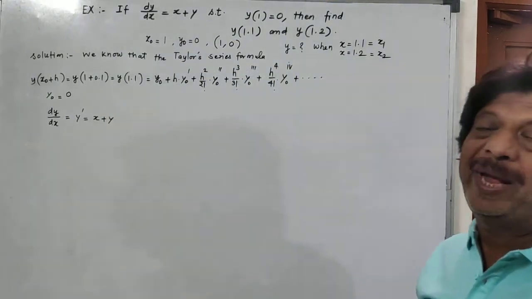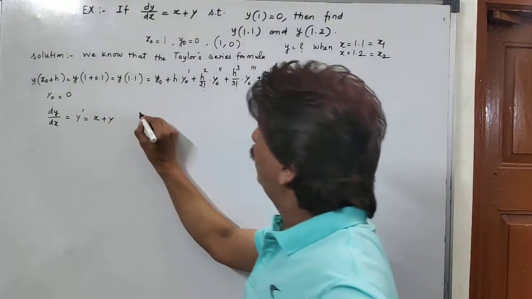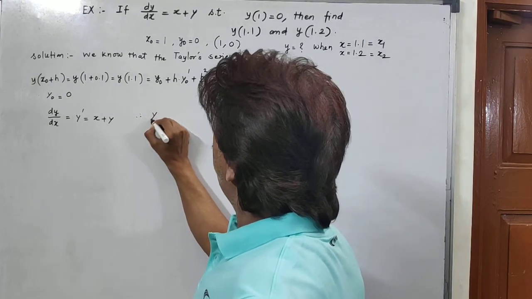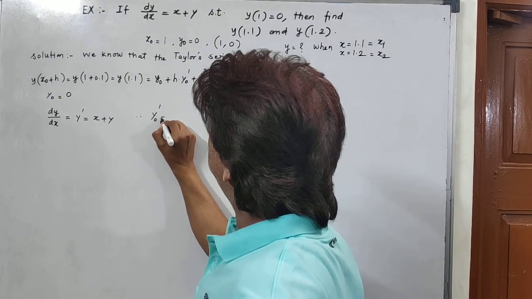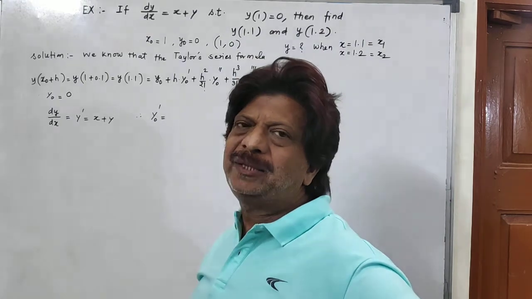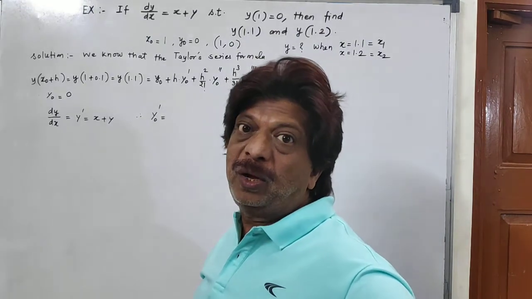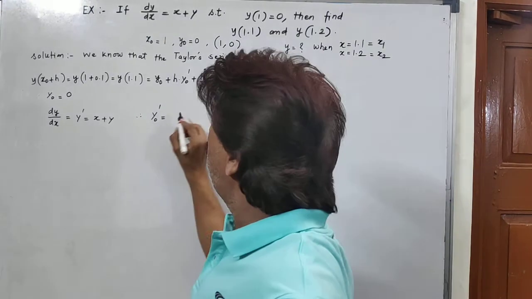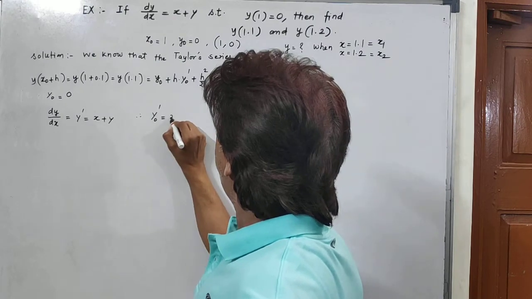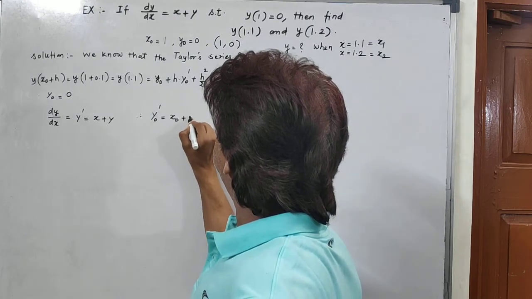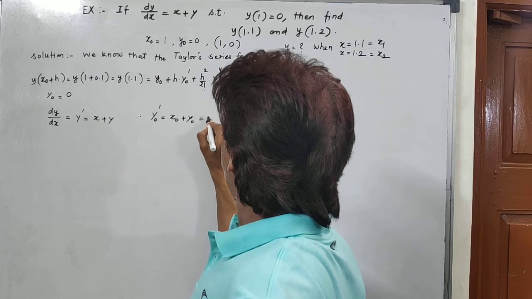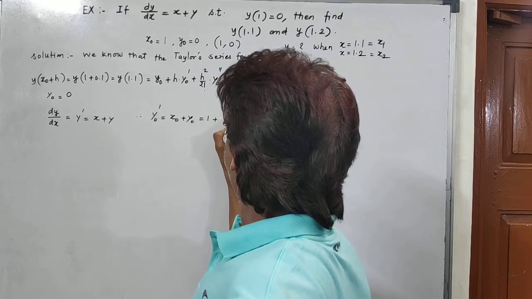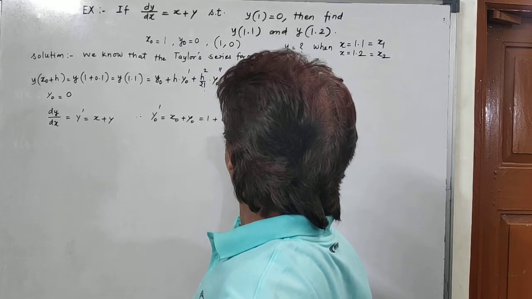Therefore, what would be y0 dash? y0 dash would be equal to x0 plus y0, the initial points. x0 is equal to 1, y0 is 0. So y0 dash is 1.